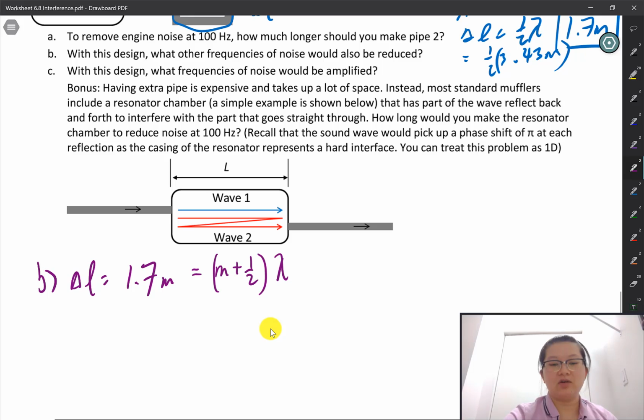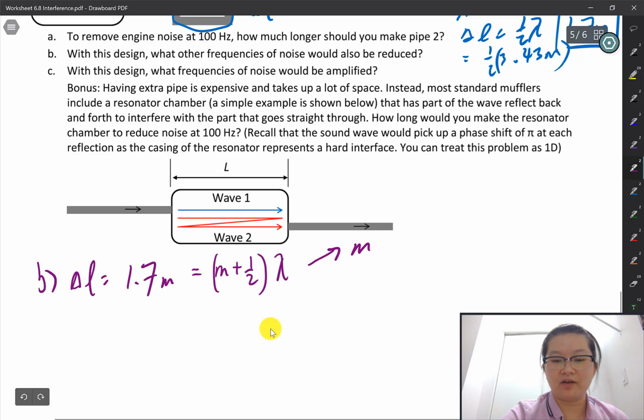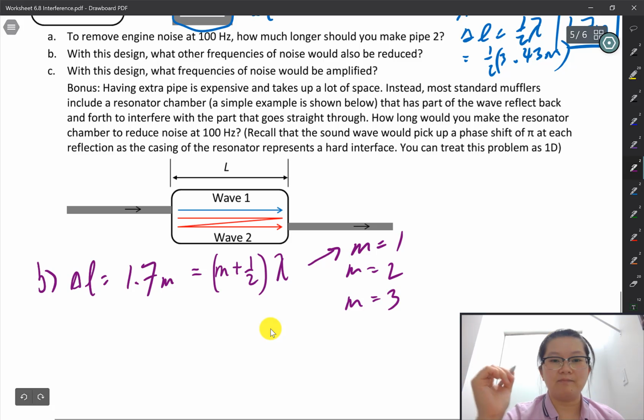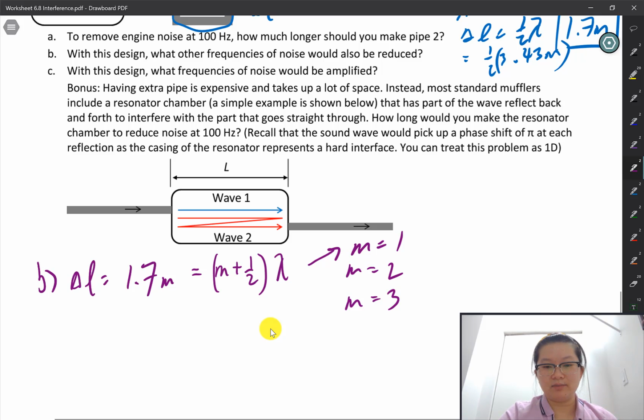So basically for B, for the other frequencies, what we have to do is just vary m. Let's say m is equal to 1, m is equal to 2, m is equal to 3. We can just plug in some m's and see what we get for lambda. And remember, when we get a lambda, to find a frequency, we have to use the wave equation and the speed of sound to figure out the frequency.